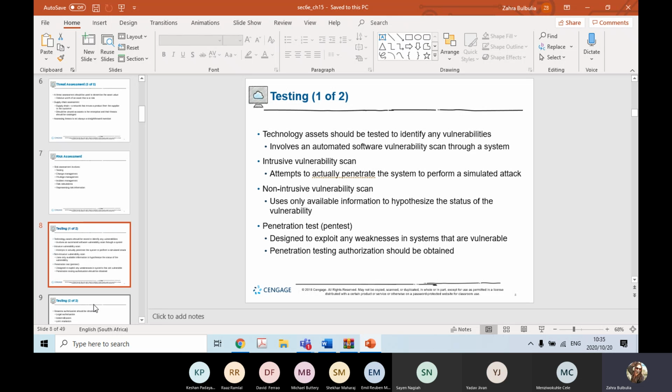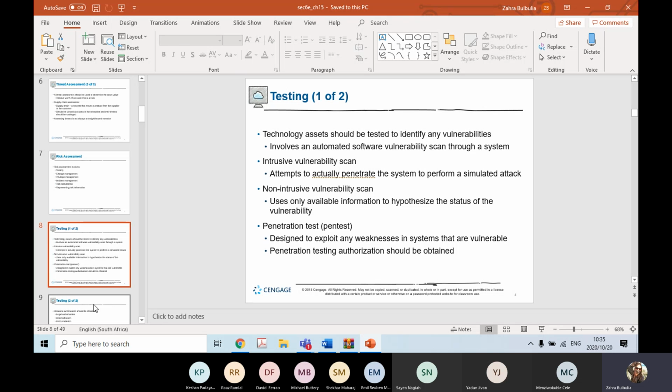This is when you get an ethical hacker to come in and try to break into your system. A non-intrusive vulnerability scan uses only available information to hypothesize the status of a vulnerability. And of course, penetration tests are designed to exploit any weaknesses in the systems that are vulnerable.